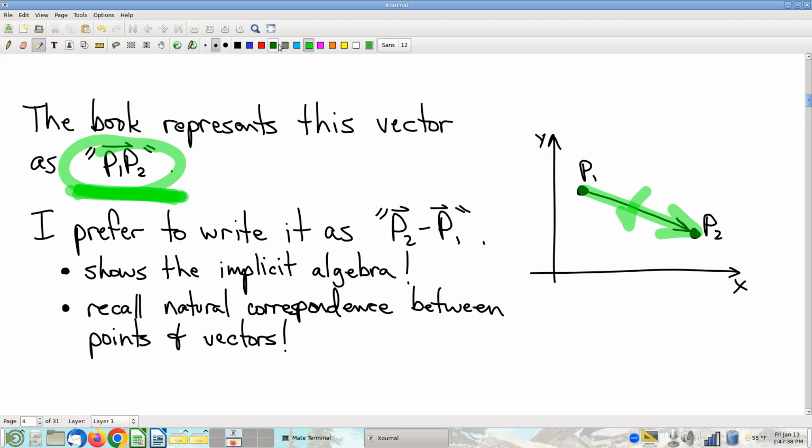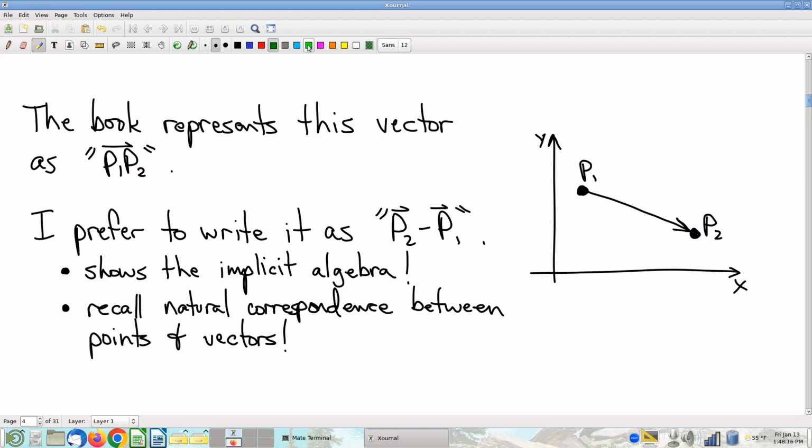But keep in mind, that's the same vector, as is that, as is that. Those are all the same vector. So why use a notation that seems to isolate a specific arrow, when more than likely we're talking about the vector, which is all of the arrows? So I don't personally prefer that notation. The book uses it. You're welcome to use it, I suppose, but I think it's disadvantageous.